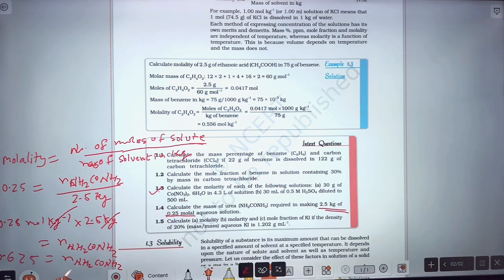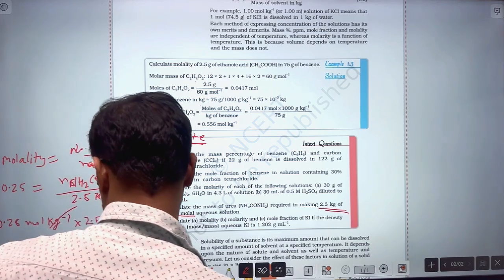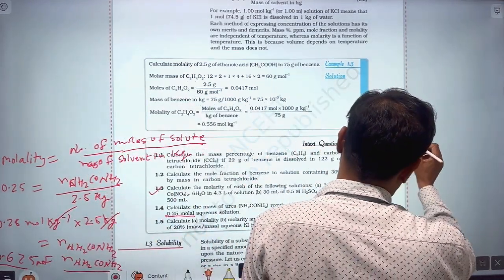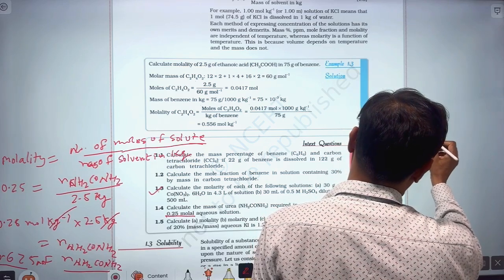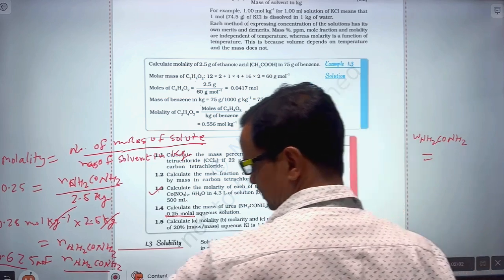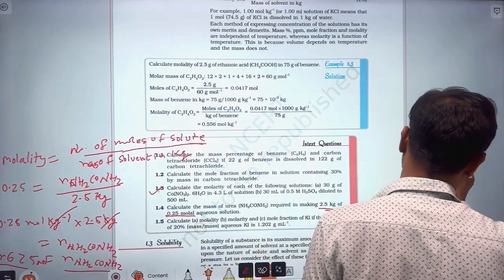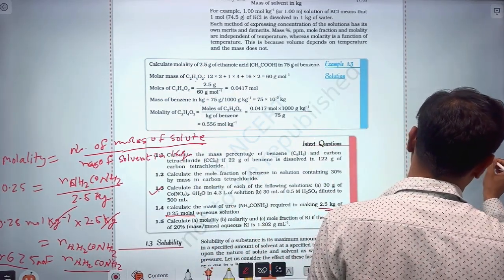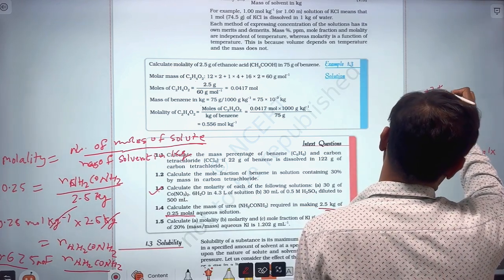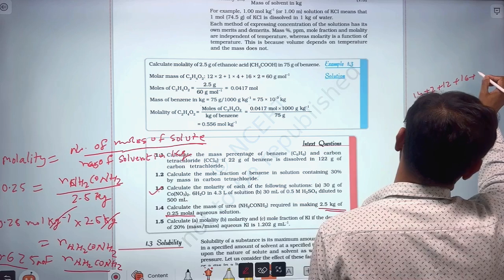Its mass you will have to find out. Number of moles you have calculated, that much mole. So mass given means number of moles into molecular weight. So mass of urea will be equal to 0.625 mole into molecular weight of urea. Urea here 14 plus 2 plus 12 plus 16 plus 14 plus 2.